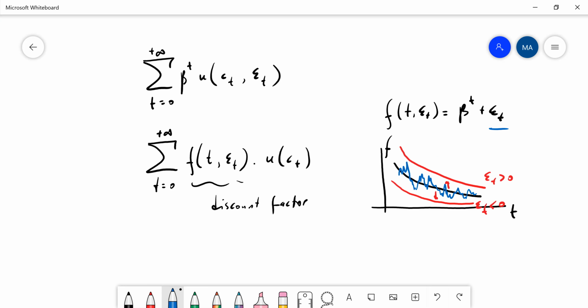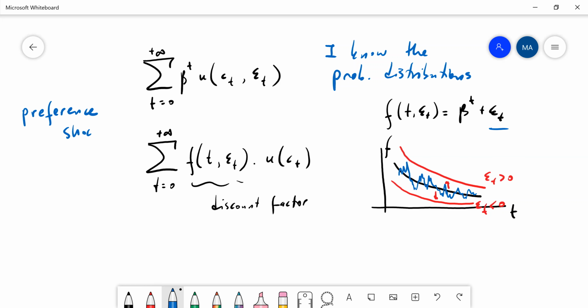Now, as you see, I can extend my model with shocks under the assumption that I know the probability distributions, right? So in general, we have three types of shocks: preference shocks, technology shocks, and policy shocks.